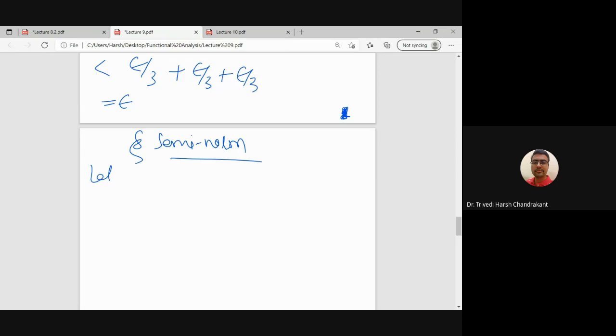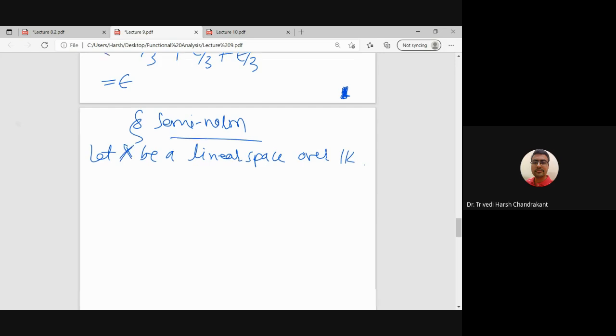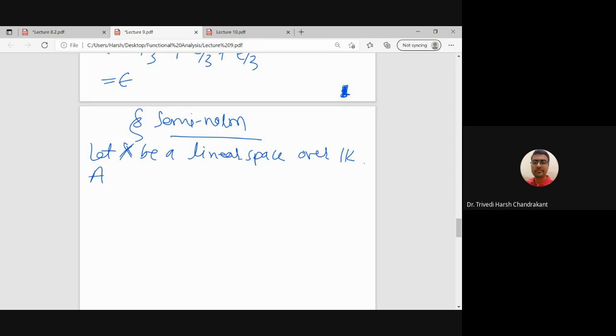So if we have a vector space over the set of real numbers or complex numbers, and on which we are defining, we know that on a vector space we can define a norm. Similarly, we are defining a seminorm. So a map.